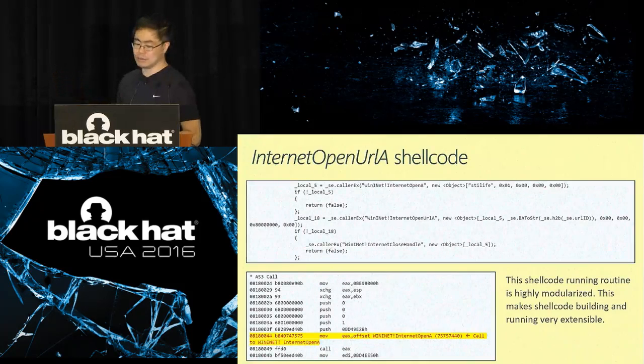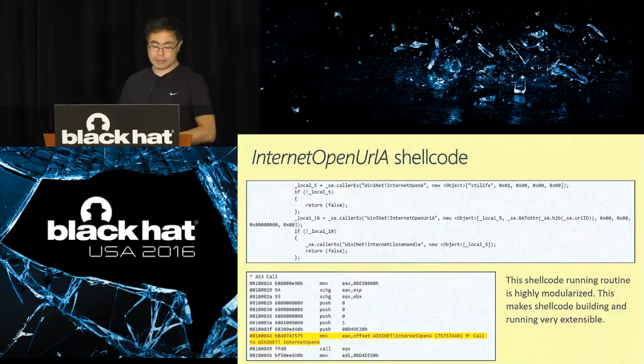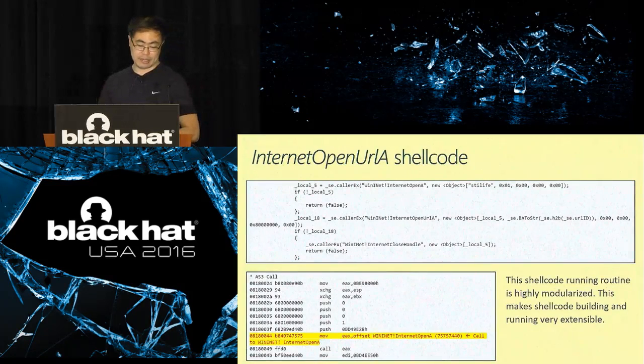So if you look at the code, you can just pass the actual API you want to run, and you just pass the arguments for that API, and it will construct the whole stack and run that specific API automatically. So this is the most commercialized API exploit that we've seen, and it works very efficiently.